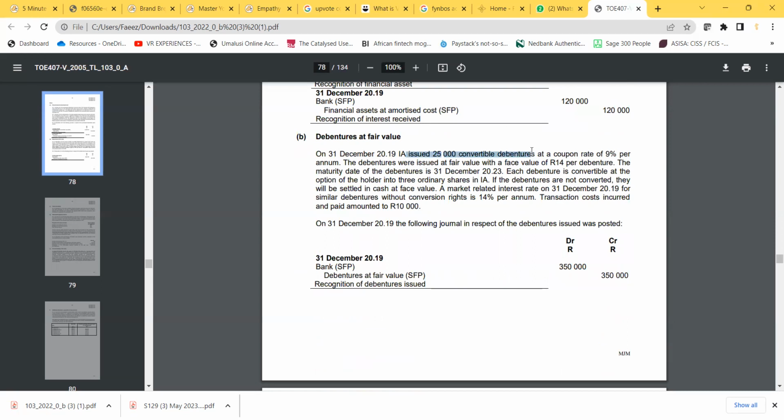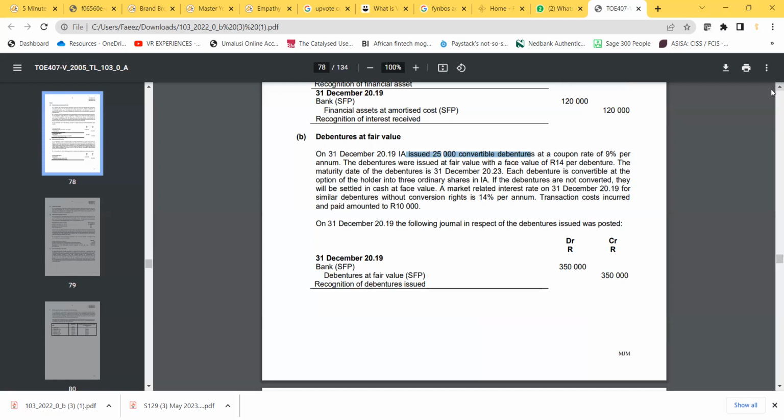When we issue convertible debentures, we're giving people a piece of paper, a contract, and they are giving us money in return. So we debit bank with the money we received, and then we credit something. Because we are issuing a financial instrument, it will be a liability, or an equity instrument, or both. Just take note of that.